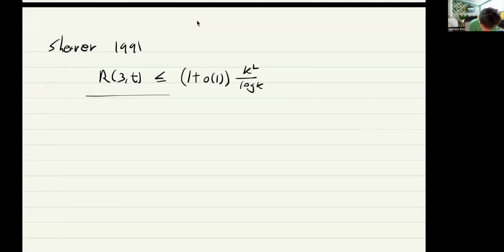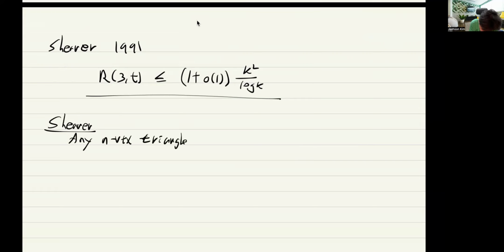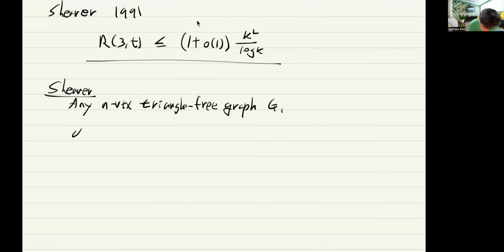And how did he prove it? By proving that if you have any n-vertex triangle-free graph G, it satisfies that it contains an independent set which has size n times log t divided by t.